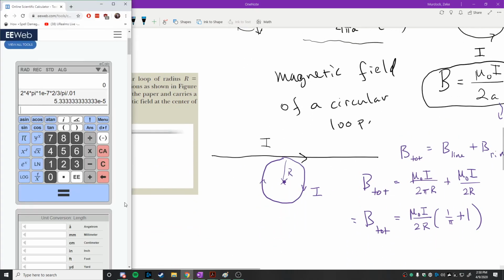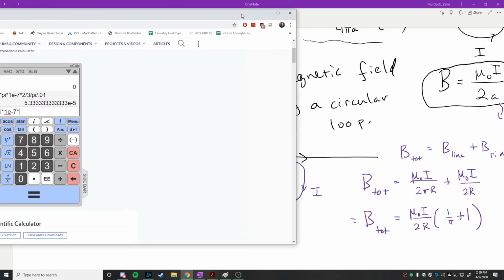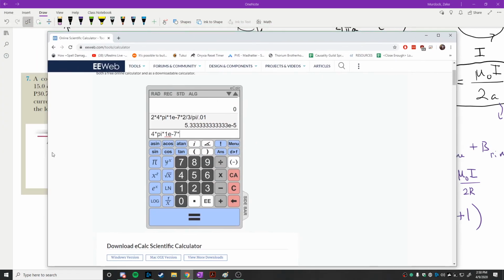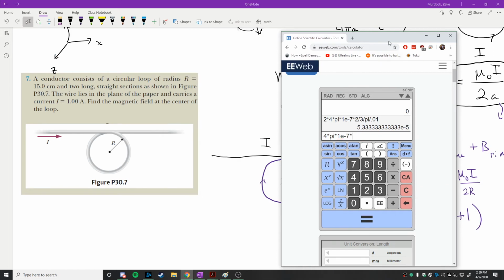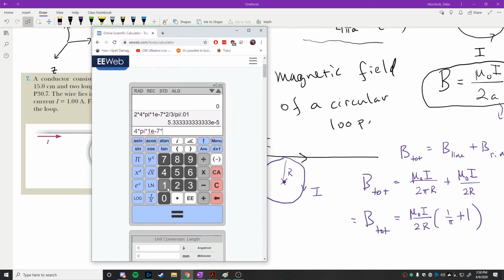So mu naught, again, is 4 times pi times 1 times 10 to the negative 7. That's what mu naught is. Times the current. The current was 1 amp, so we just do times 1.